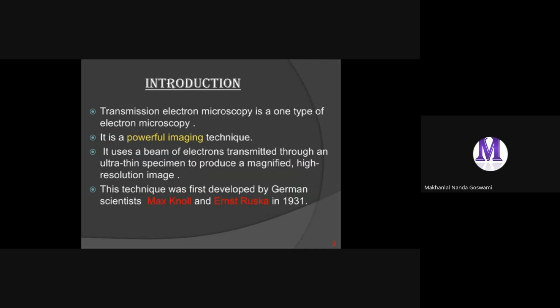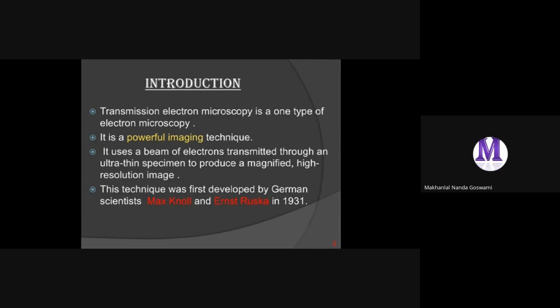Moving on to the introductory part, transmission electron microscopy, TEM, is one type of electron microscopy. It is a powerful imaging technique that uses a high energy beam of electrons transmitted through an ultra-thin specimen to produce highly magnified images. Because electrons have a much shorter wavelength than visible light, TEM achieves much higher resolution, allowing visualization of structure at the atomic scale.